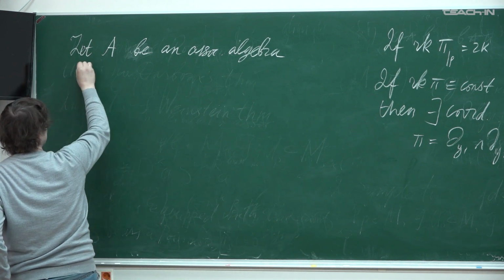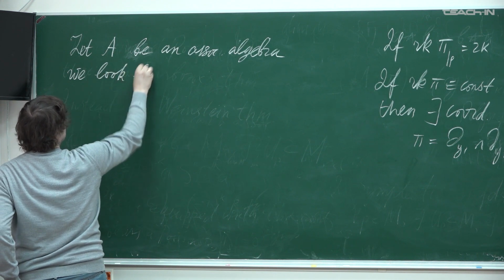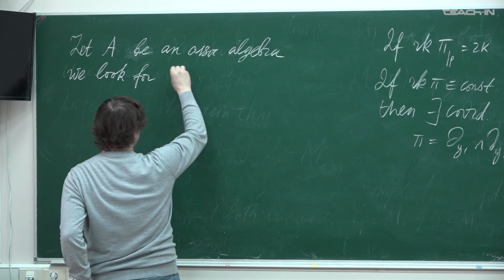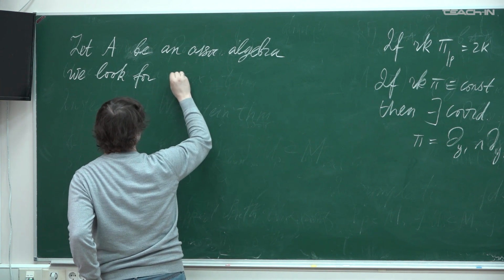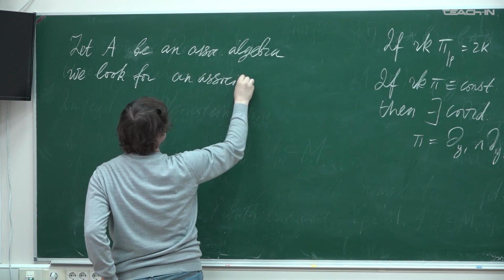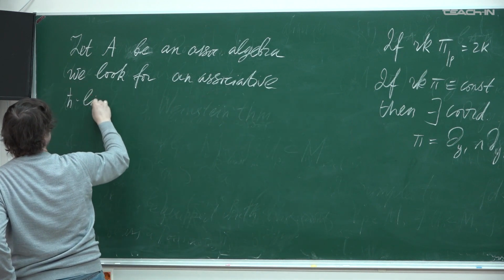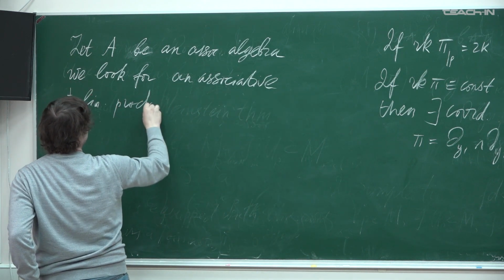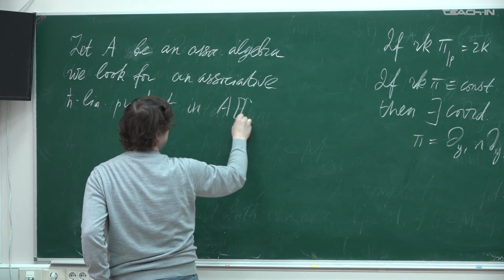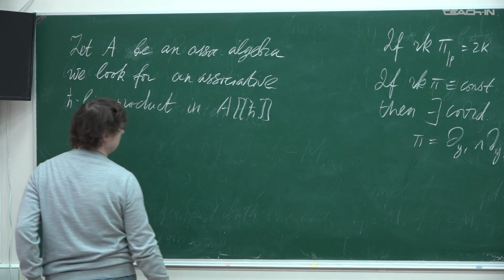We want to introduce an associative, h-bar linear product in the space of formal power series in A with variable h bar.